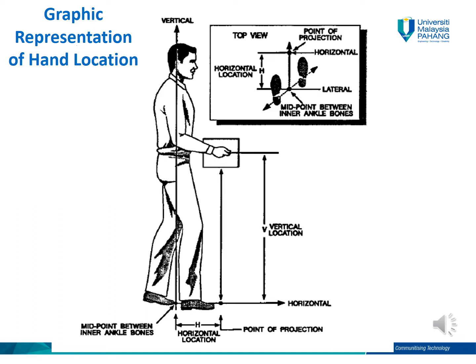To recap, horizontal location is defined as the distance of the hands away from the midpoint between the ankles, measured at the origin and the destination of the lift. Meanwhile, the vertical location is the distance of the hands above the floor, as can be seen clearly in the picture.